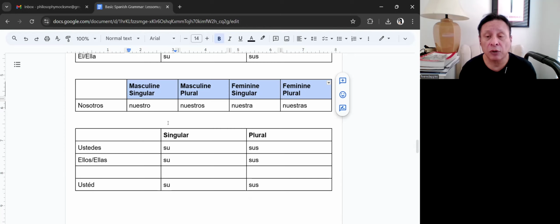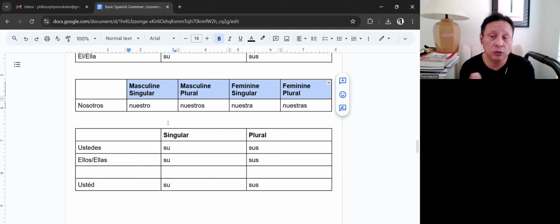Now remember we said that su is going to be very useful for all the plurals after nosotros. Ustedes, you guys, ellos, they, ellas, they, and usted, polite you. The possessive adjectives corresponding to them, your in the plural, their in the plural, and your polite, are all su.